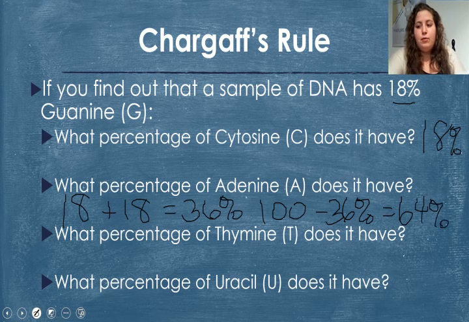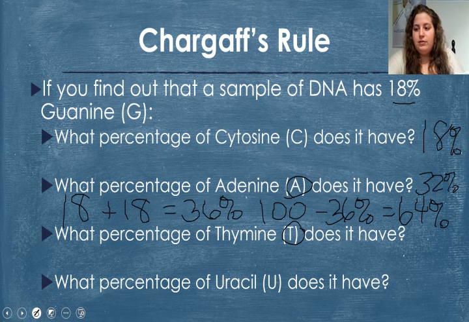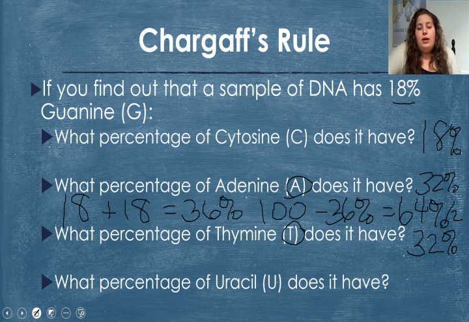So 64% of what's left over is going to be adenine and thymine, but those have to be equal. So that leaves us with 32% being adenine and 32% being thymine. You just divide this by 2. Now, it's obeying Chargaff's rule, and you're getting 100%.